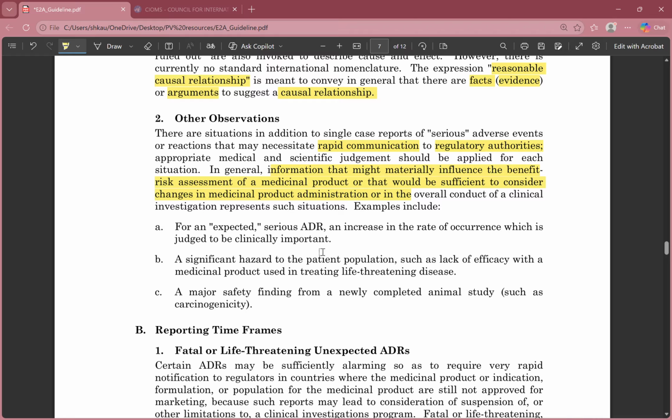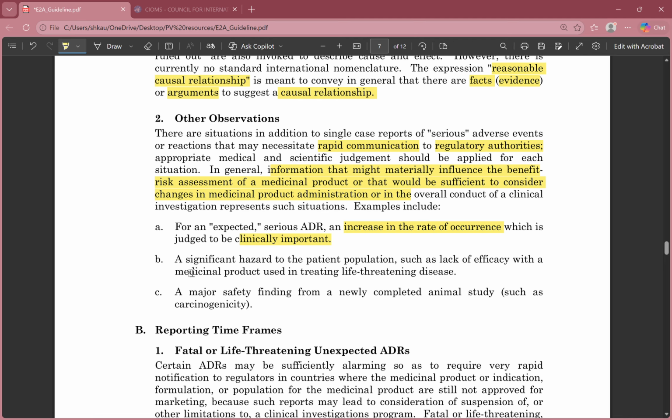Even if the ADR is known, it starts happening more frequently, right? There is an increase in the rate of the occurrence. That means it is happening more frequently than it was expected. Therefore, it is becoming clinically important now, and it has to be submitted or reported quickly, rapidly.